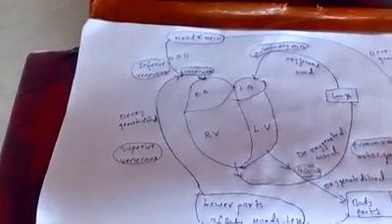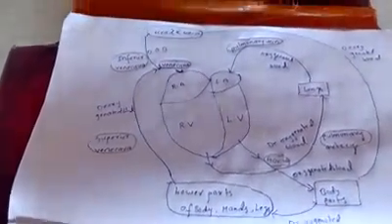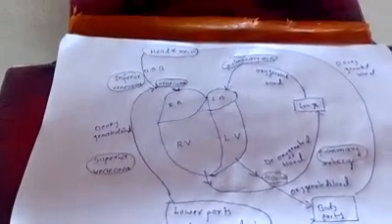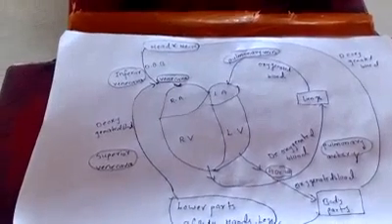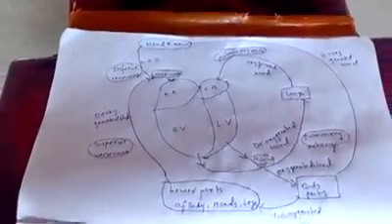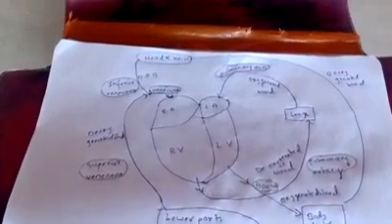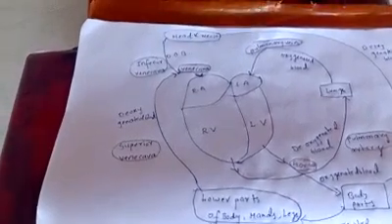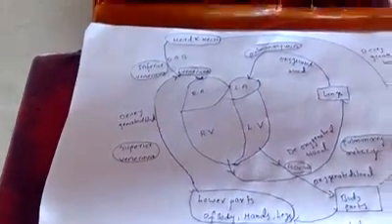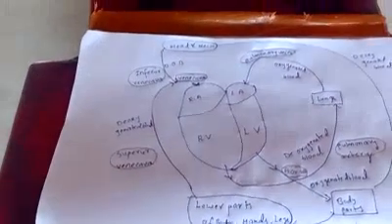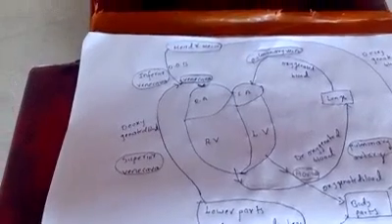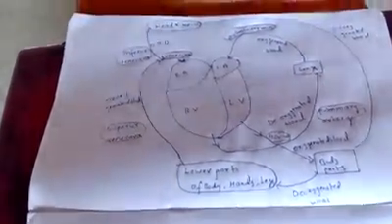In between the left atrium and left ventricle, one small aperture, a valve, is there. That valve is called the bicuspid valve or mitral valve. When the left atrium contracts, the blood will be transported into the left ventricle.